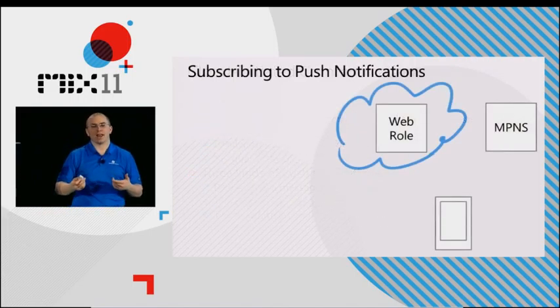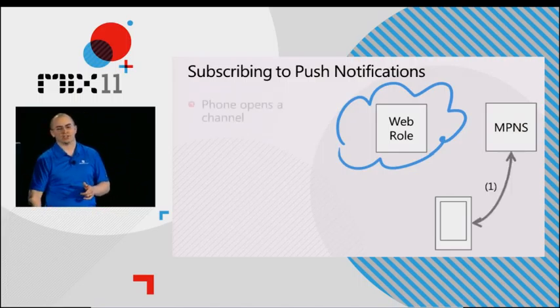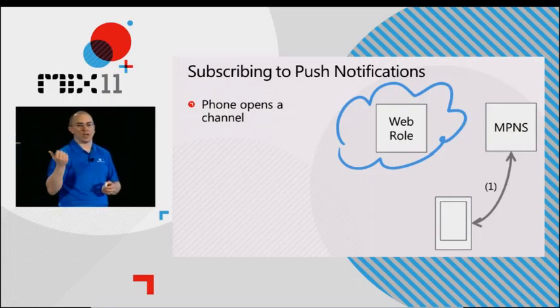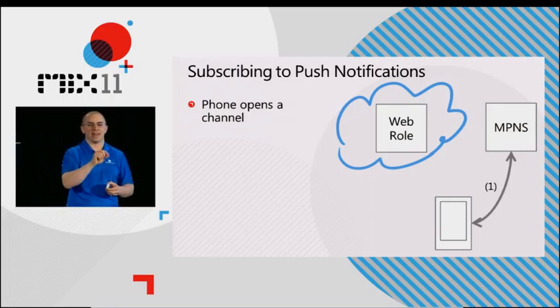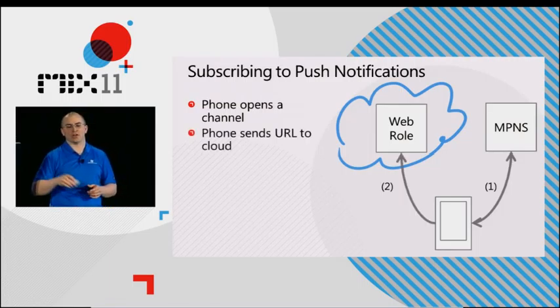Looking at how this works, we'll walk through what it means to subscribe to push notifications. The very first step is you first have to initiate the subscription to the Microsoft Push Notification Service. So in my application, you saw me click on Enable Push Notifications. When I did this, I went off to the Microsoft Push Notification Service to open a channel, and then I sent the URI to my web role.